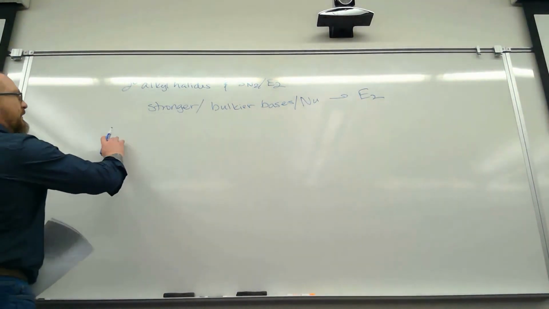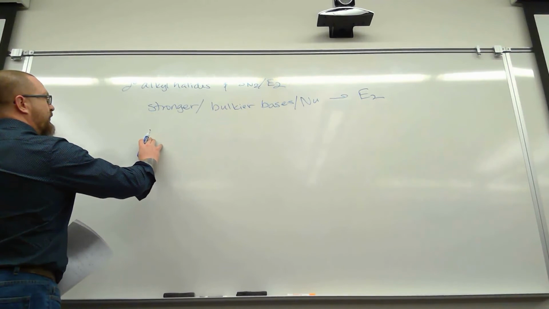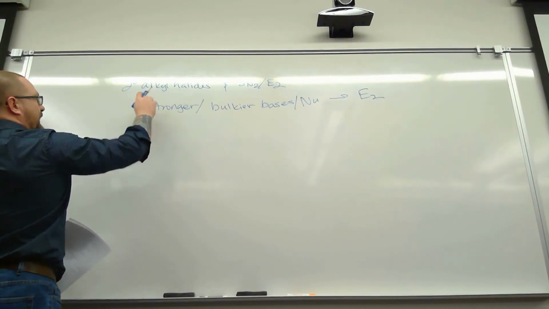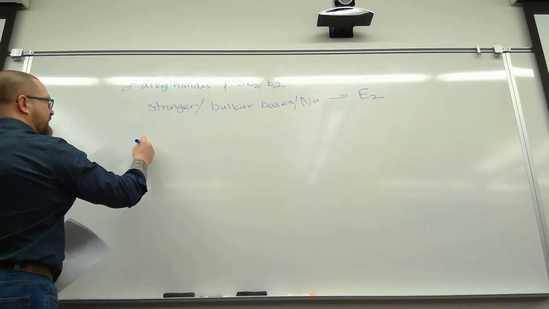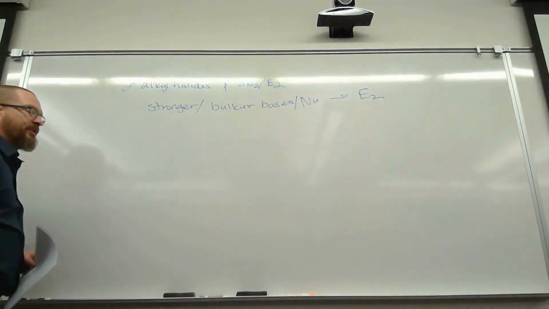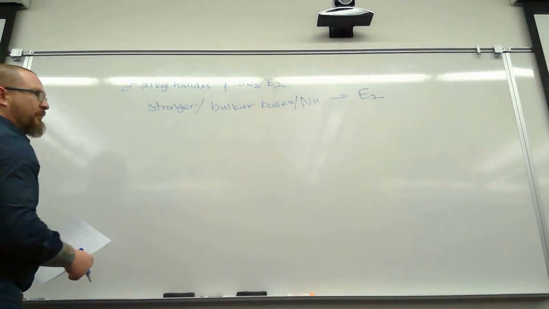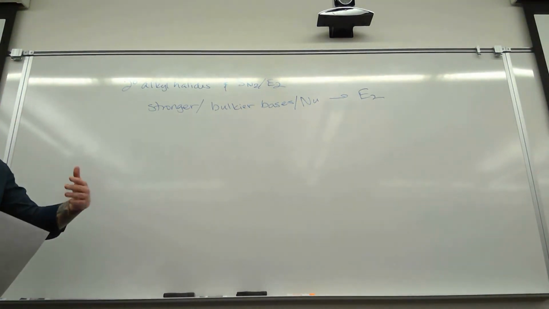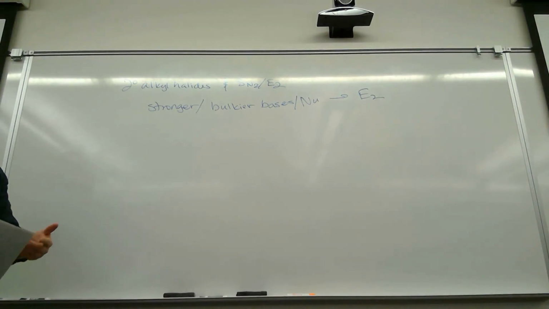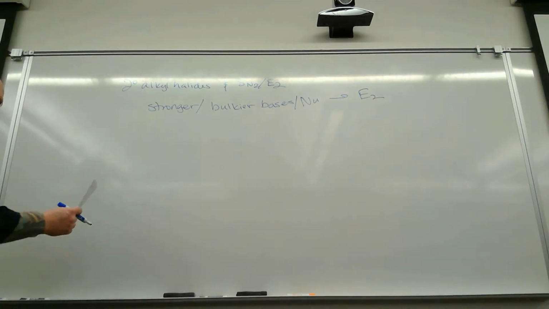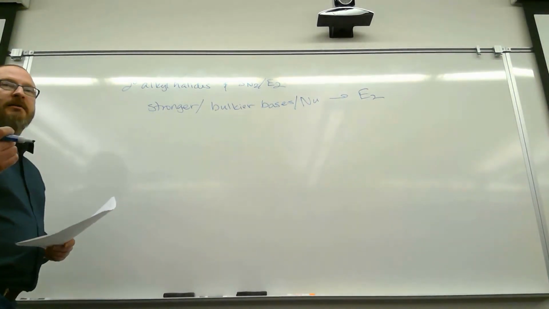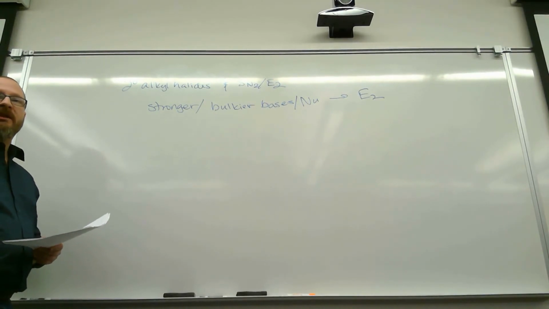So if you want to favor the E2 reaction on a secondary alkyl halide, what you need to do is pick some of our classic strong bases or some of our sterically hindered bases. So if you wanted to pick a sterically hindered base to force an E2 reaction to take place, say as part of a synthetic scheme, what you could do is take t-butoxide, which is one of the classics.